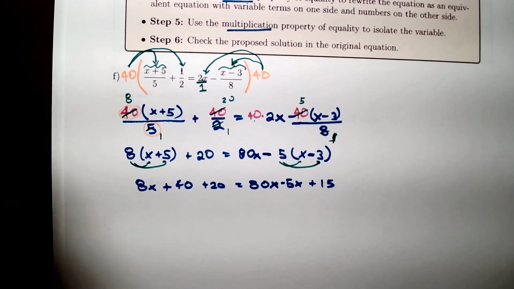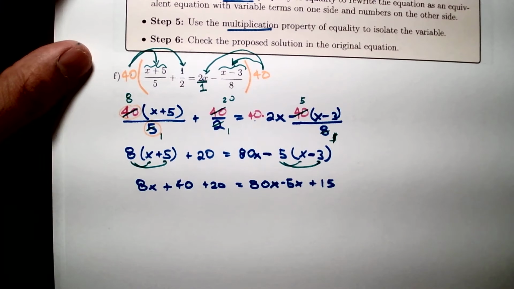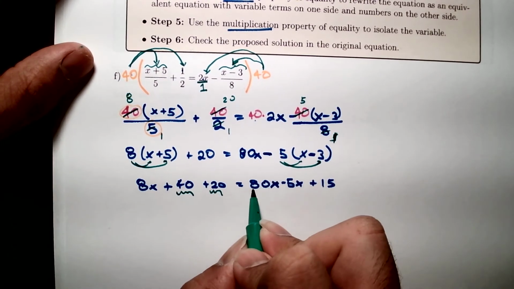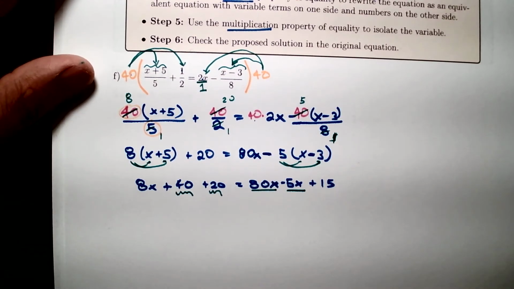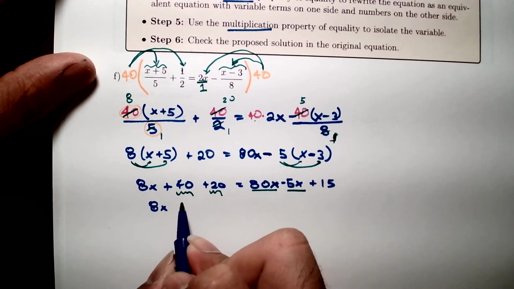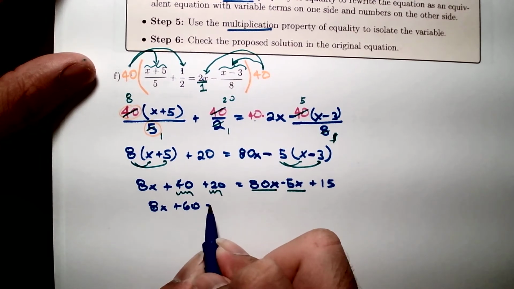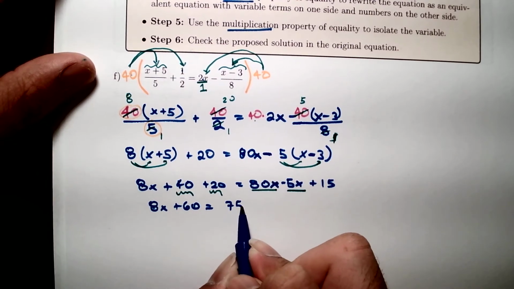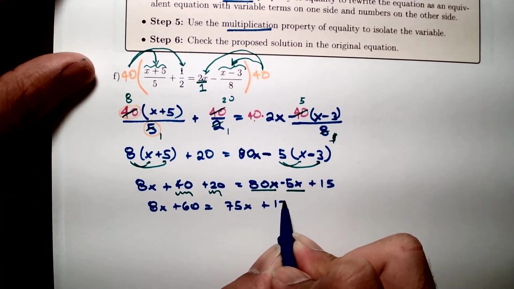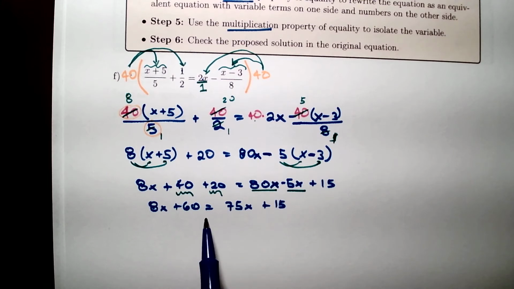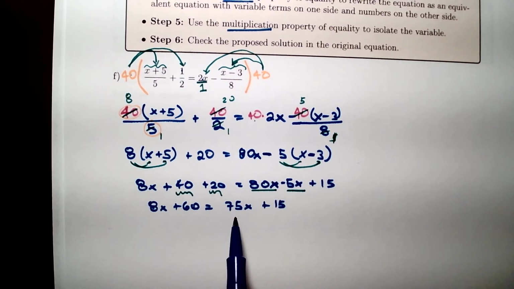Now let's combine like terms whenever possible. For example, we can combine numbers with numbers and x's with x's on each side. So that's going to be 8x, 40 plus 20, that's 60, equals 80x minus 5x, that's 75x, plus 15. Now let's do either way.